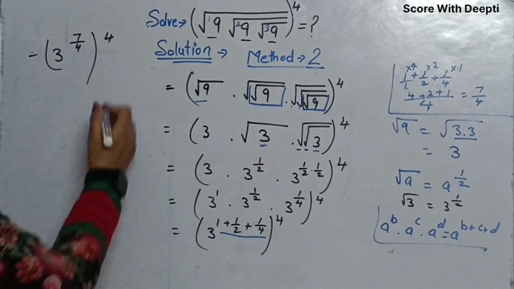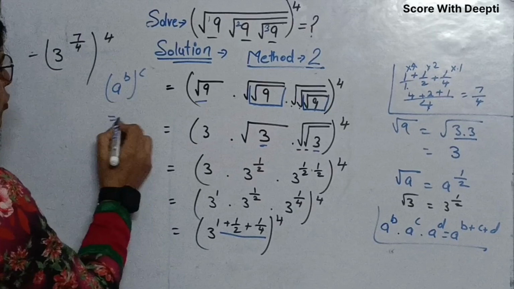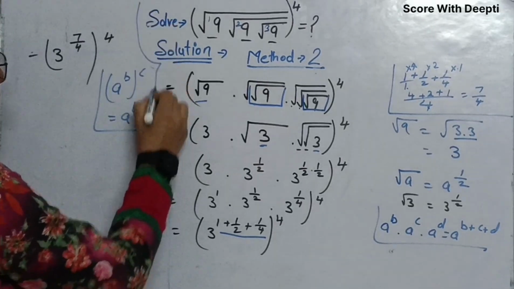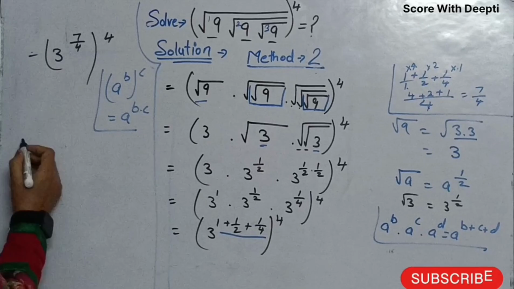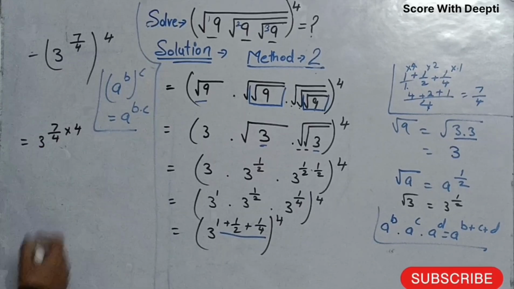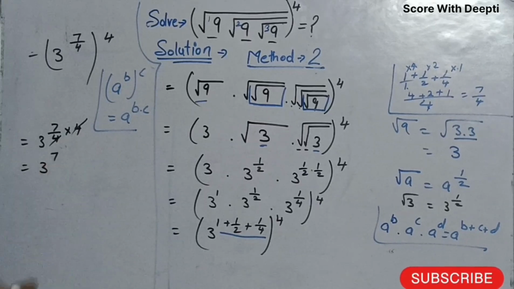Next, if a to the power b to the whole power c is given, then it is equal to a to the power b into c. We apply this identity here and we get 3 to the power 7 by 4 multiply 4. Next, this 4 cancels with this 4 and we get 3 to the power 7.